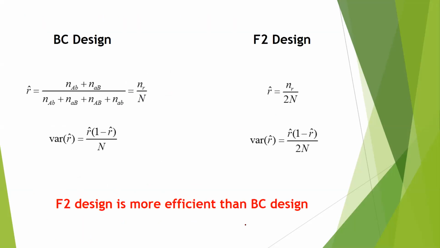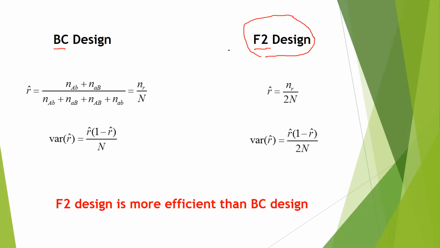We also compared these two designs, the backcross versus the F2. If we have complete data for F2, if we can observe the numbers in each of the 16 cells, then we can compare these two designs.